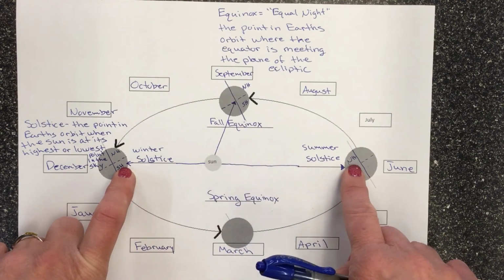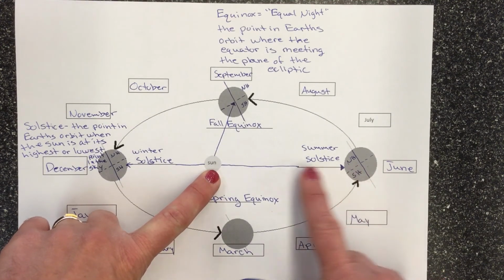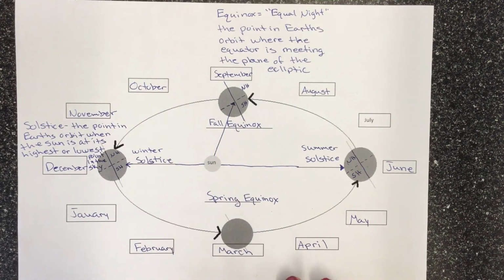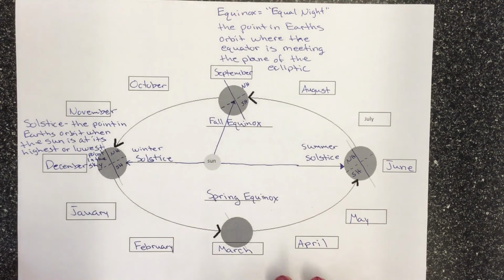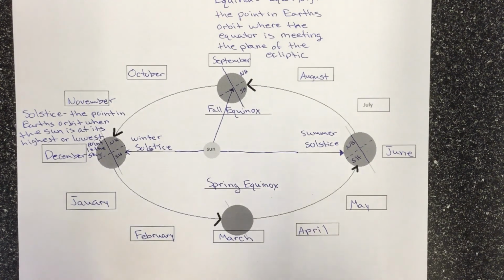In June, you'll see that we are farthest from the sun, but that's our warmer time of the year because we're getting more direct sunlight. Hopefully you've already done the indirect and direct sunlight lab, and that will have shown you that the more direct the light is, the higher the temperature gets.